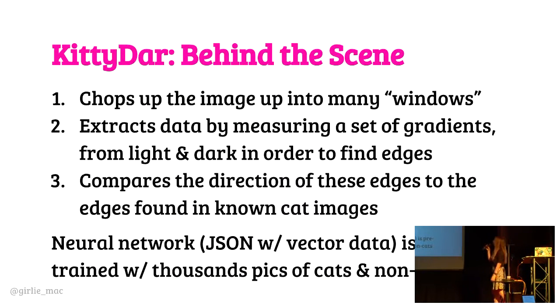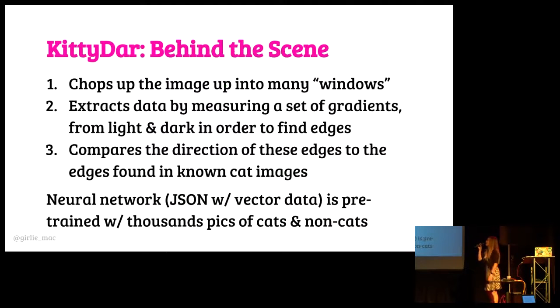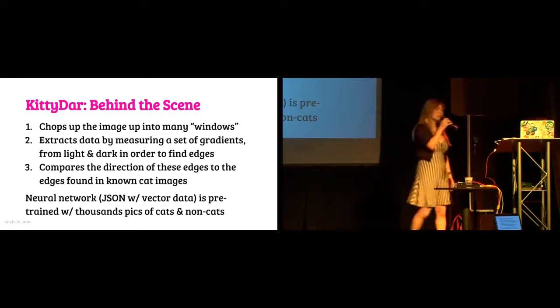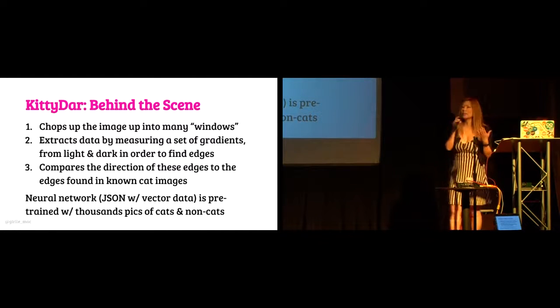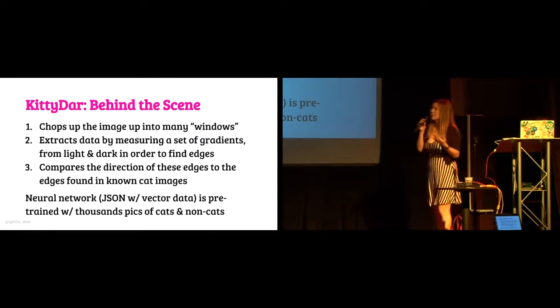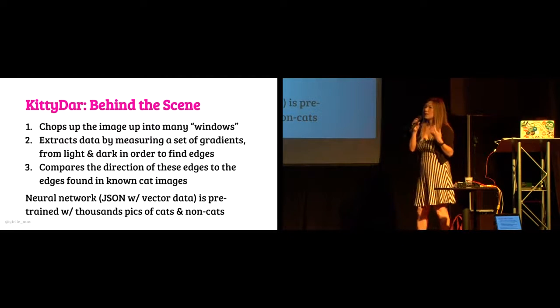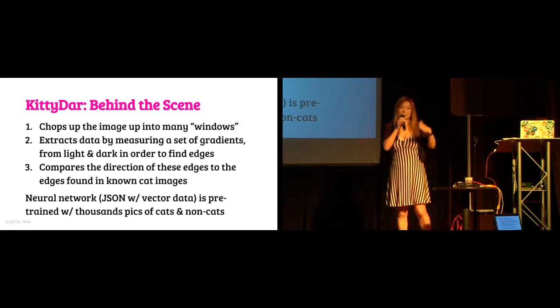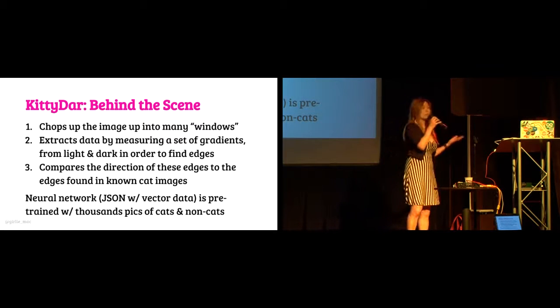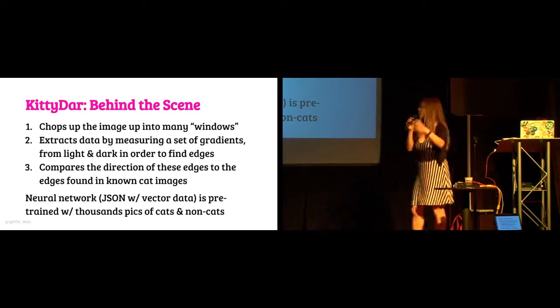So, Kittydar behind the scenes. Basically how it works is, when you're taking photos, they're color photos. It's pretty complicated. In JavaScript, you can't really see if the cats are there or not. So Kittydar handles it in a really smart way by converting the color photos into dark or light, like taking a gradient.